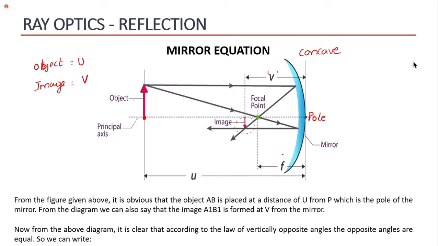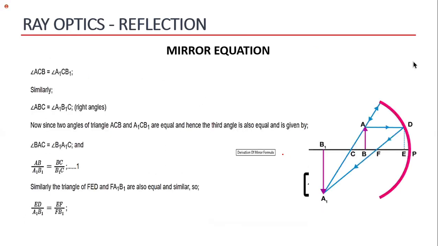Okay, take this diagram. From B to the pole is your u. From here to here it is your v. From here to here it is your f.